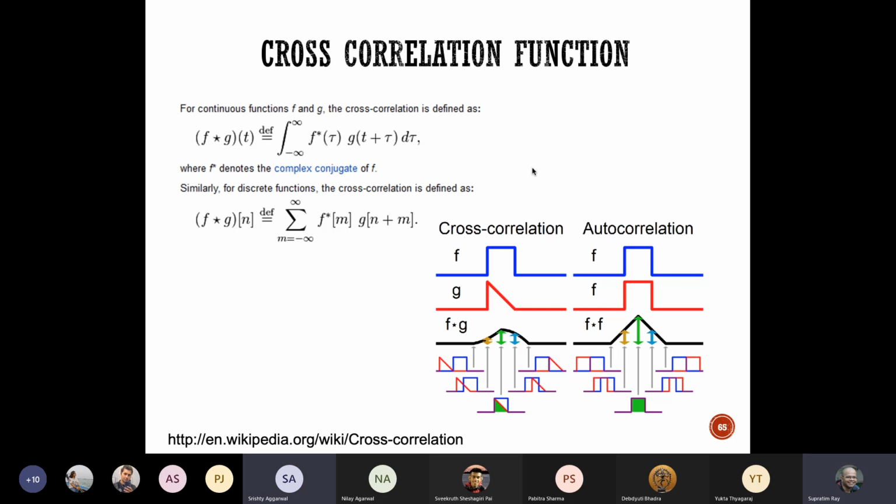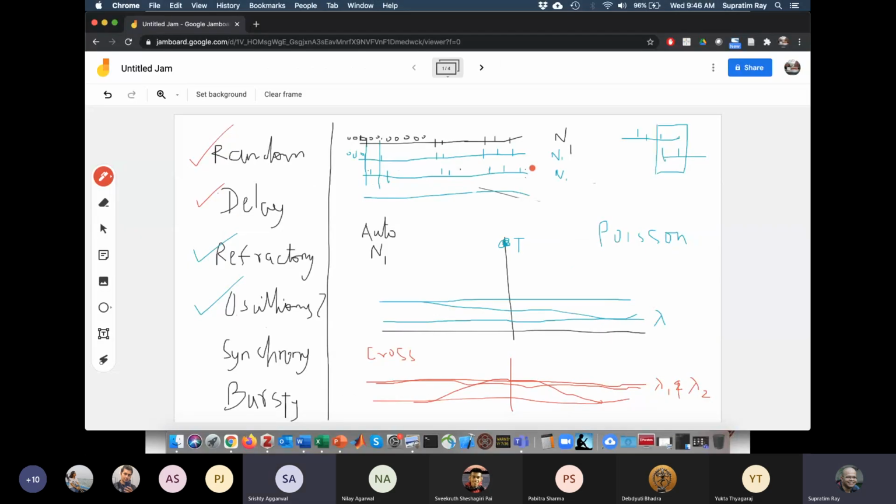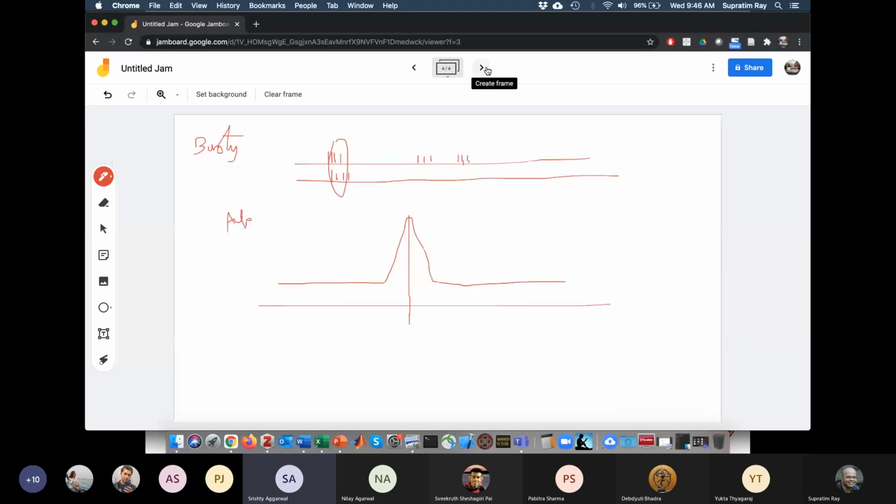For bursty, you show only one peak. There may be multiple peaks like that, no? Why should there be multiple peaks? Suppose you have this burstiness, and then there would be some interval, and then it will have this burstiness again. Yes, but this interval is random.